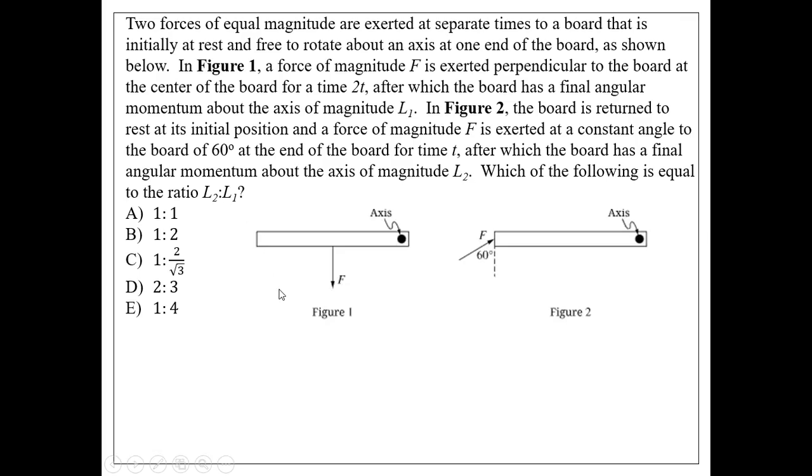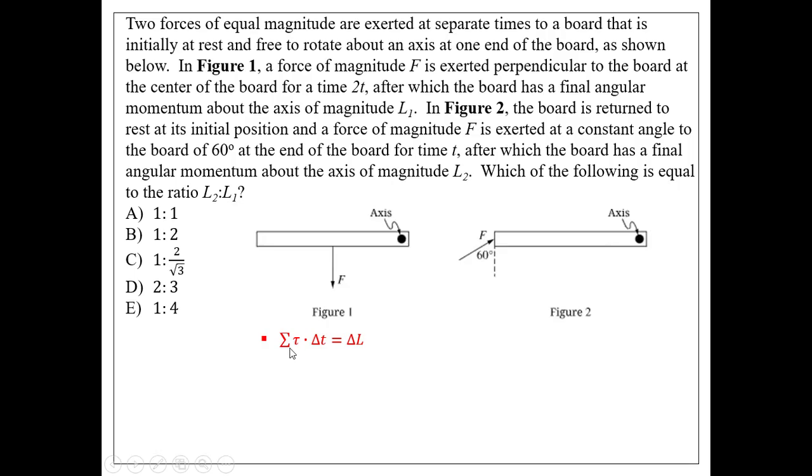I'm going to do this in order from left to right. To find angular momentum, you apply net torque times time. The reason I want to start with this function is that you're given a force, the problem gives you a time, and you have to find the final angular momentum. So this is exactly what you need, because everything is given.